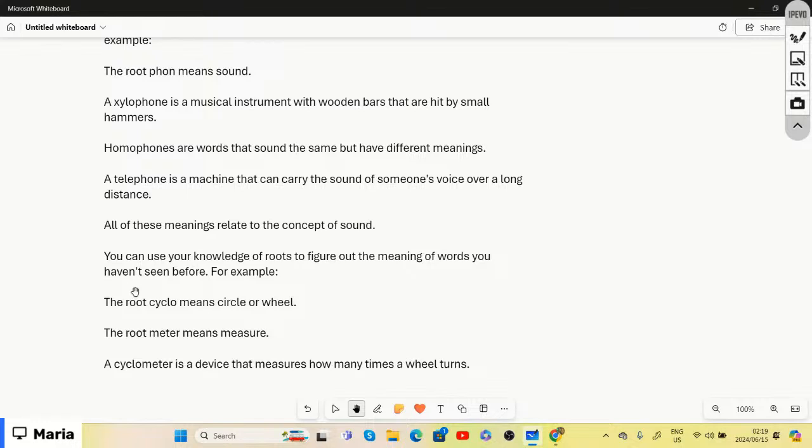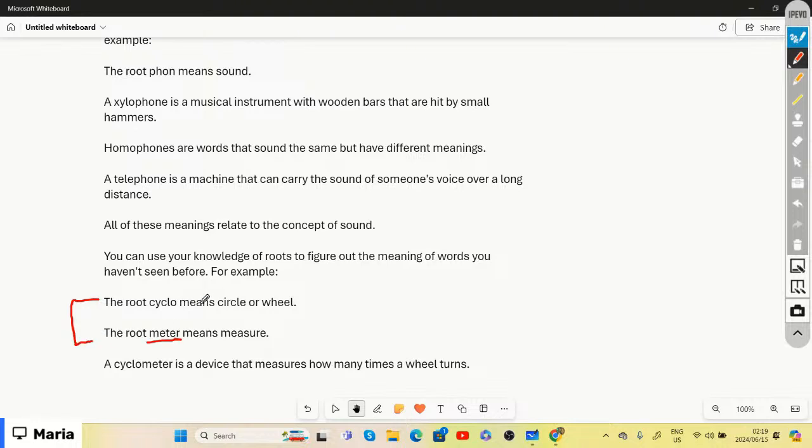And then we also have a cyclometer, because now we have basically put these two words together. We said first cyclo, and I said think of words that start with cyclo or have cyclo in them, and then we also have the other word which is meter. And we said meter means to measure, and cyclo means round, it means wheel, it means to turn.